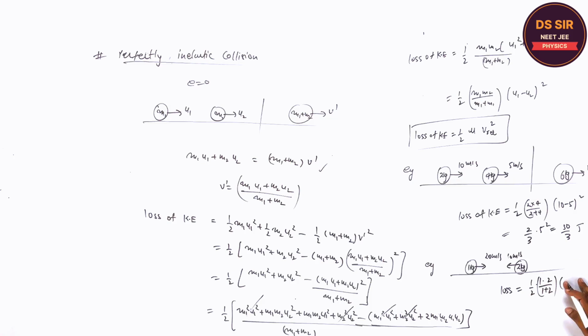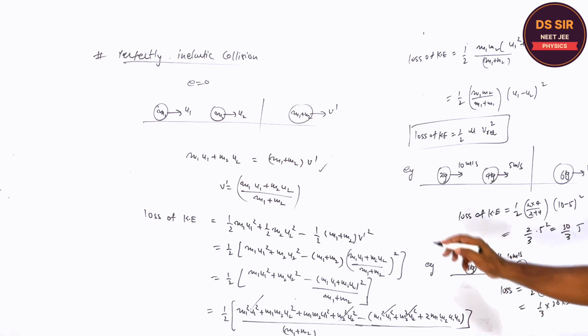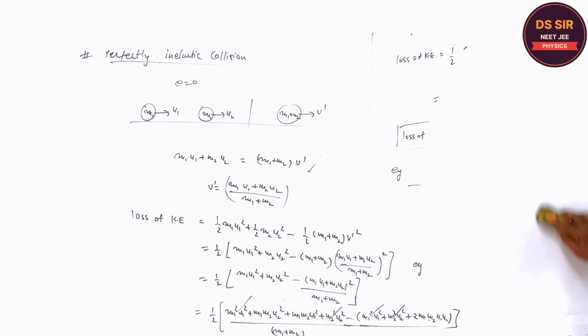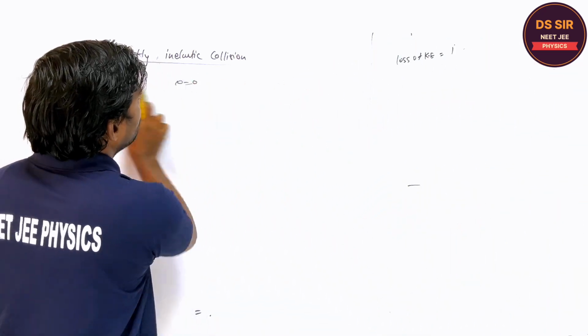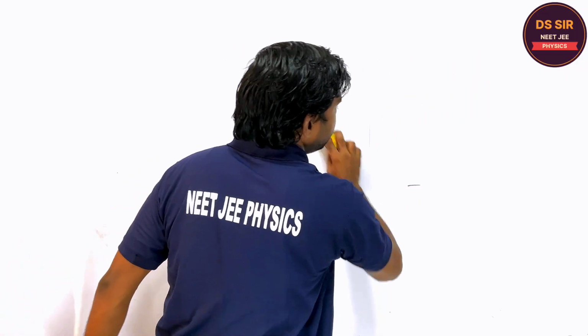So this is 20 plus 10 whole square. So 1 upon 3 into 30 into 30, right? This is 300 joule, the correct answer. Do you understand this concept? Copy this. So these are the questions related to head-on inelastic and head-on elastic collision.